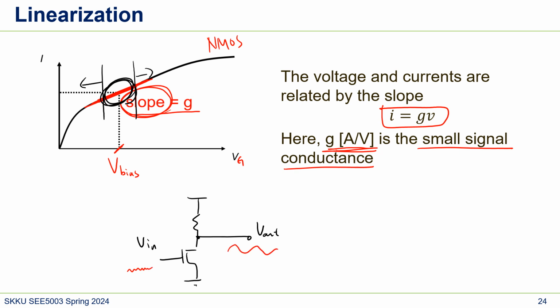The question could be, what if we apply a really huge input and the output is also really huge? In this case, the small signal model cannot predict the circuit behavior well, and that will make things complicated. But that does happen. In our scope, we usually care about small signal input.